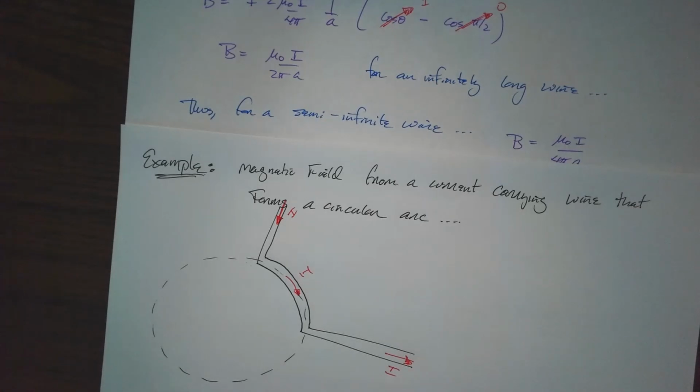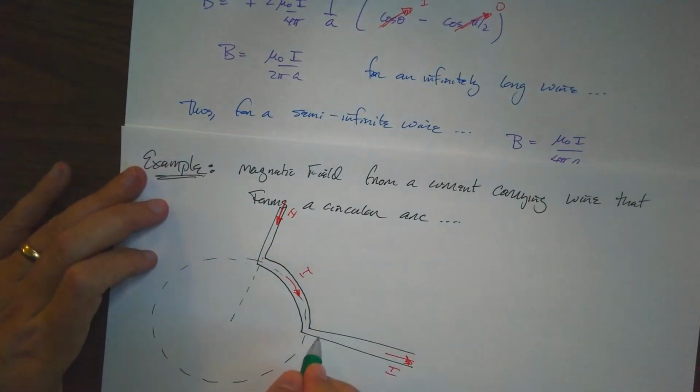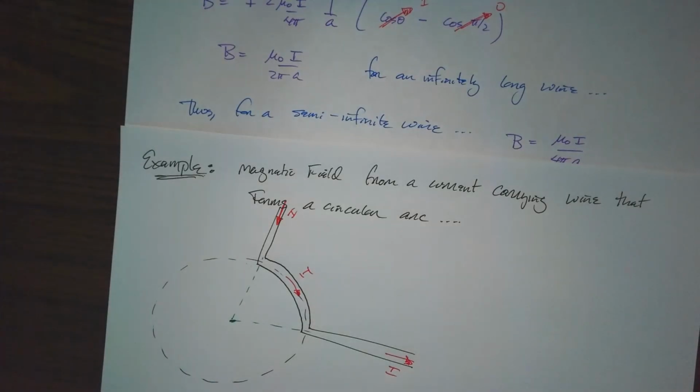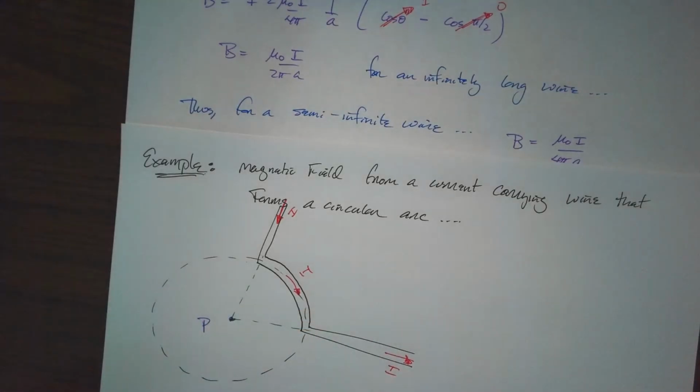And then what we can do is we can evaluate this magnetic field here at the center of the arc. So this is going to be our point. It's going to be here.